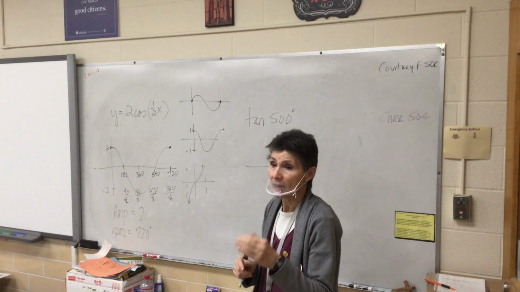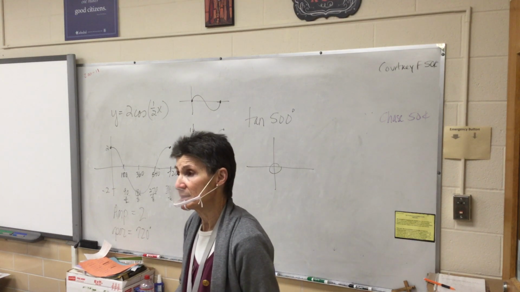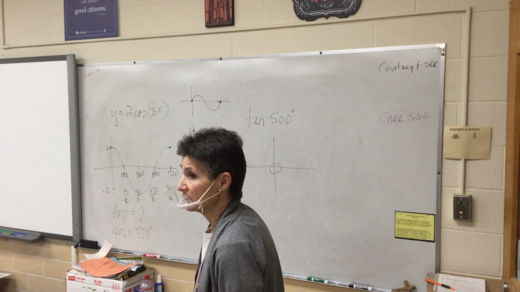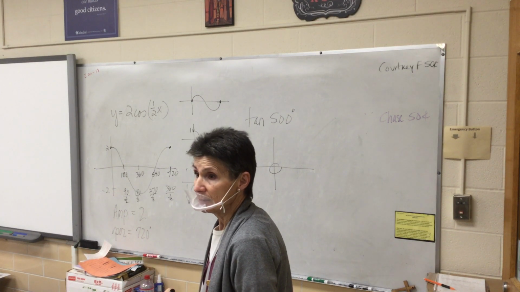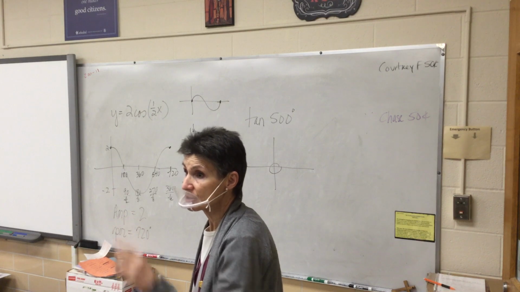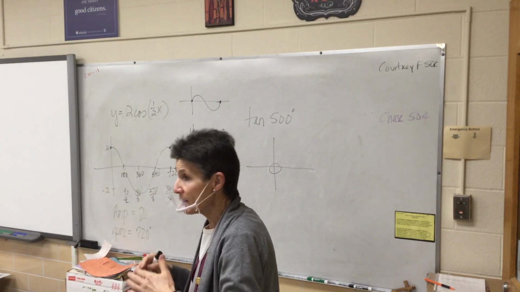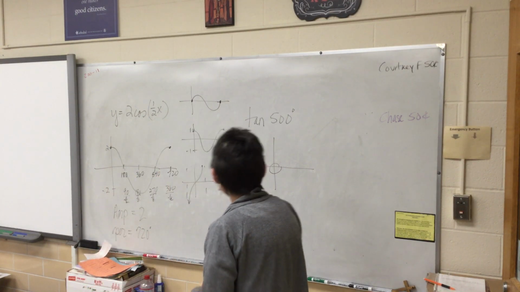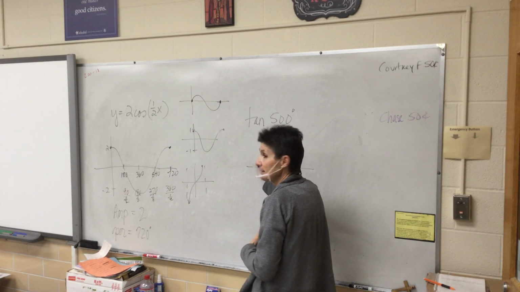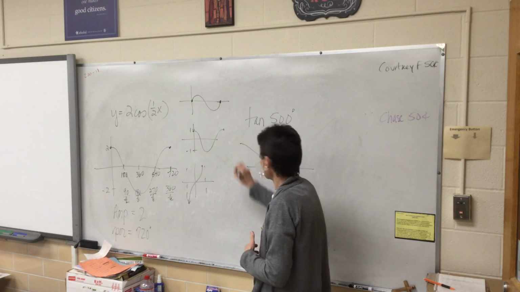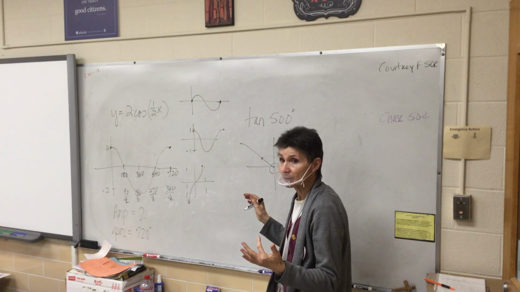That's the interesting part. How much extra does it go? 140. How do we get 140? 500 minus 360. 360 is all the way around, then we have another 140. So where would 140 put me? Second quadrant, right here. So the angle looks like this if I drew it.